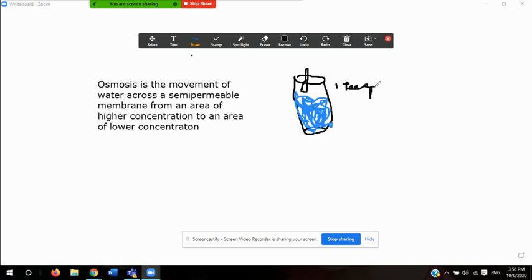So basically, we're going to talk about what would happen if I had substances that were hypotonic, isotonic, or hypertonic. What that means is that there would either be more water outside of a cell than inside of a cell, or more water inside of a cell than outside of a cell, or balance.